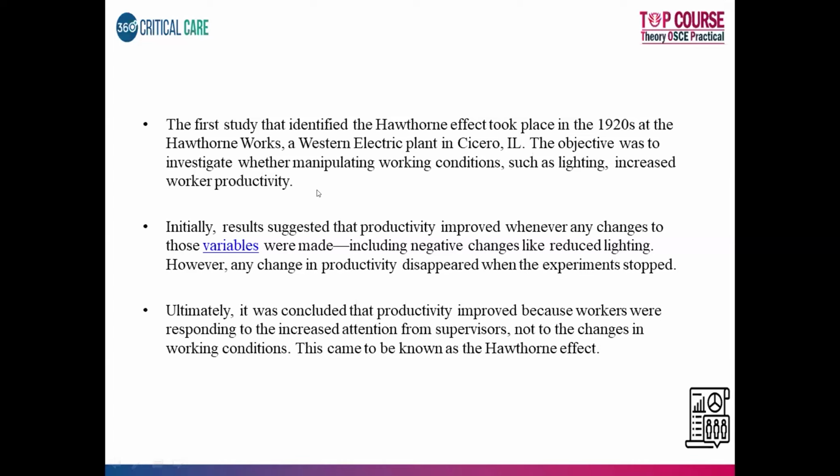They thought that a bright or sufficient light so that they can work properly would help. And initially, the results suggested that productivity improved whenever any changes to those variables were made. So they thought that yes, they improved the lighting, so the productivity improved, including negative changes like reduced lighting.